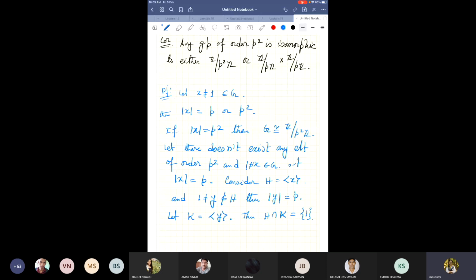Now I already know that since G is of order P square, G is abelian. So since G is abelian, what can I say? That H and K both are normal subgroups.